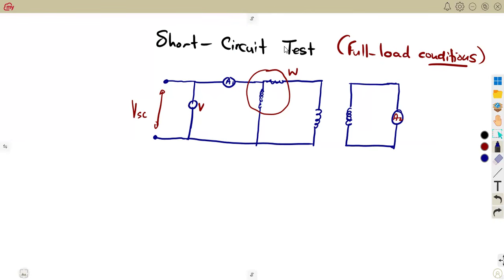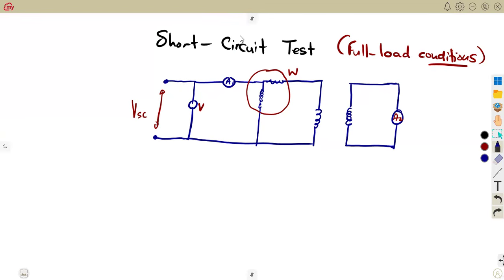That is where the full load current flows in both the primary and secondary windings. So the wattmeter there will measure the power, which is considered as our short circuit power.